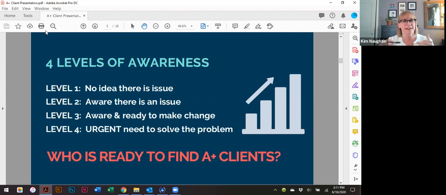Level 3 is that you're aware and you're ready to make a change, right? You're like, man, I've been working hard for 5 years. I feel like I'm at the same place. How do I get further? How do I go above and beyond and get better? So that's level 3. Now, level 4 is it's urgent and you need to solve the problem. A lot of people have escalated to level 4 with the last 3 months of the economy and business and COVID, right?